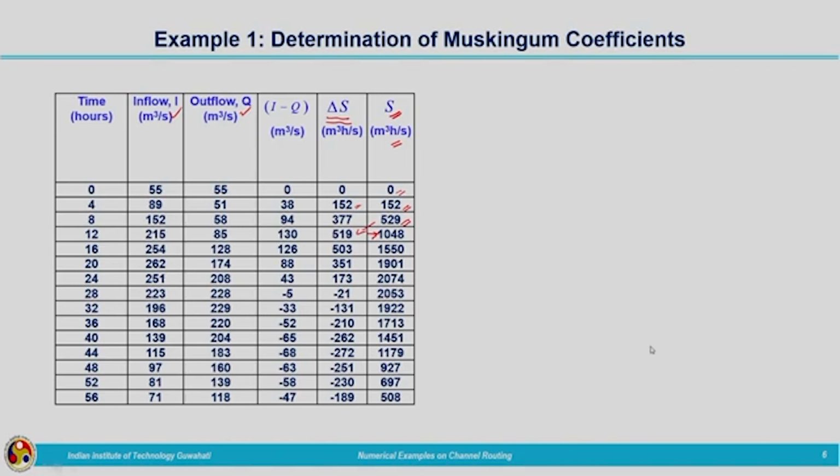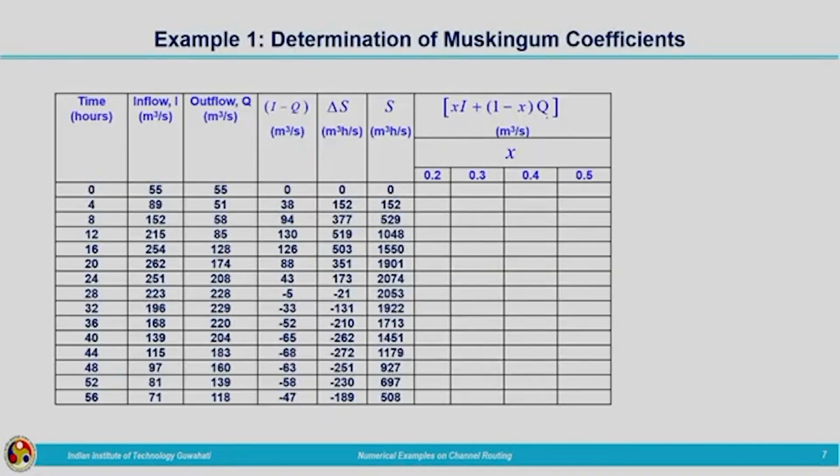So, we will calculate the value corresponding to xi plus 1 minus x multiplied by q. For that, we are going to assume different values for x. The range corresponding to x is 0 to 0.5. We are going to consider x is equal to 0.2, 0.3, 0.4 and 0.5.